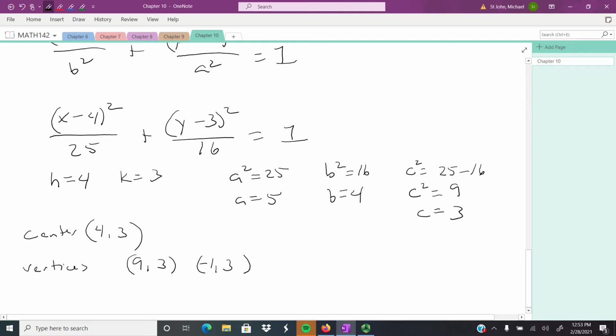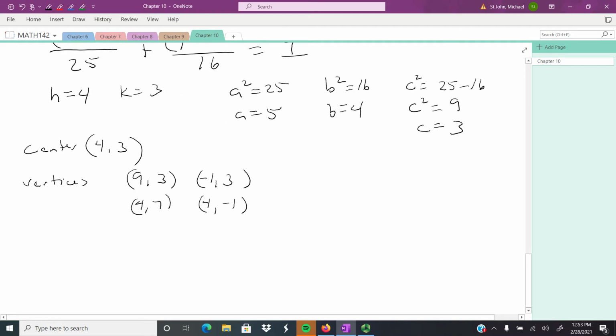And then going the other direction, we're going to be at (4, 7) and at (4, minus 1). And then my two foci will have one at (7, 3), and the other one at (1, 3).